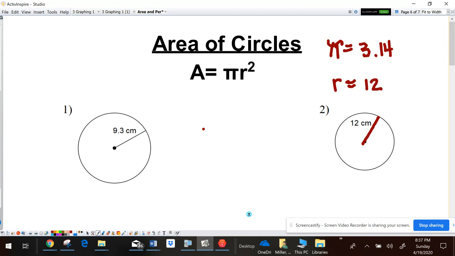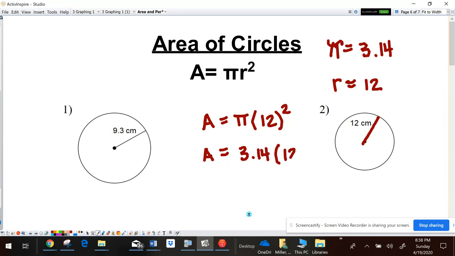So now I need to set it up into my formula. Area equals pi times my radius squared. And now I want you guys to do the math for me. So 3.14 for pi times 12 squared.